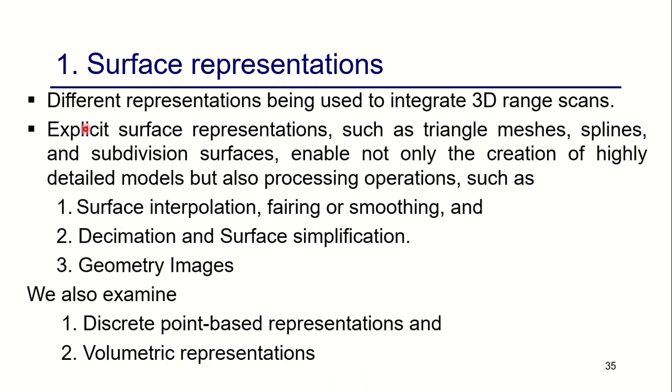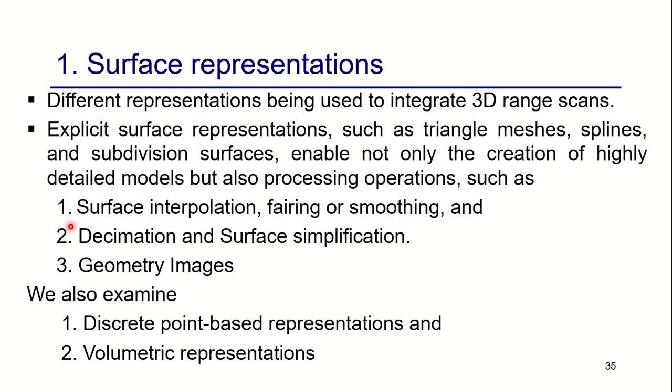Surface representations: different representations are used to integrate 3D range scans. Explicit surface representations such as triangle meshes, splines, and subdivision surfaces enable not only the creation of highly detailed models but also processing operations.